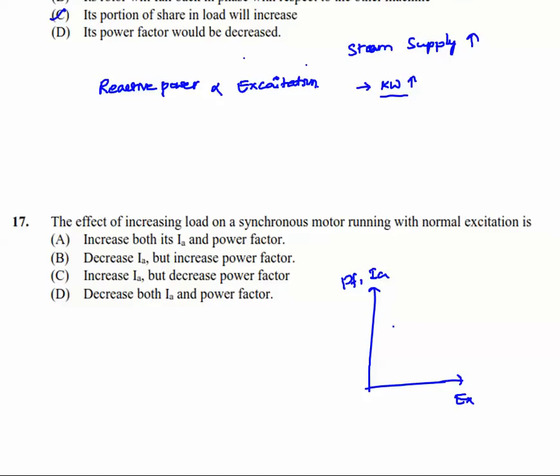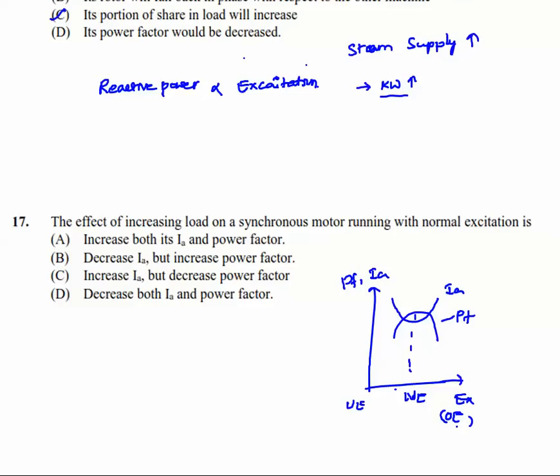Now here, this is going to be the power factor curve, and this is going to be our armature current. I'm just drawing roughly here. So here we have normal excitation, then under excitation, and here we have over excitation.